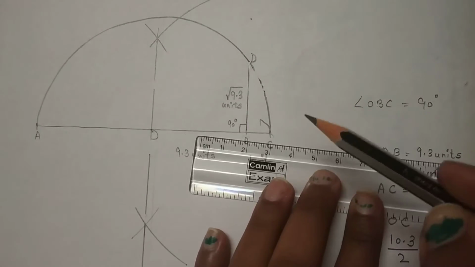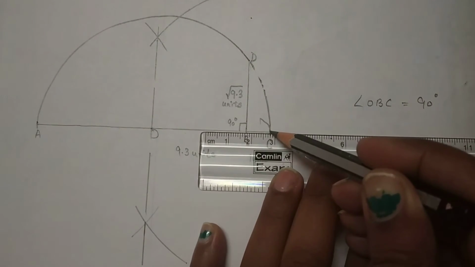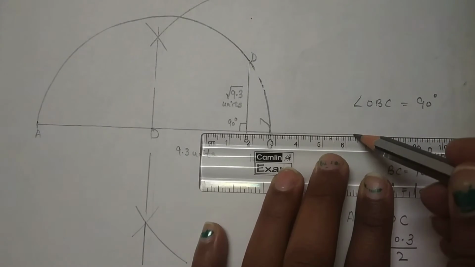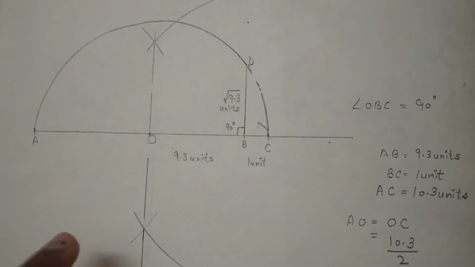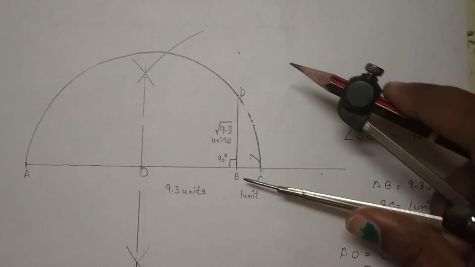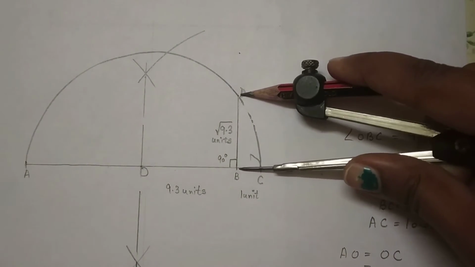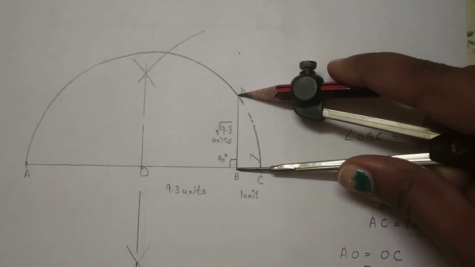Extend the line to some units. I have extended the line roughly. Now take the radius BD. Right?